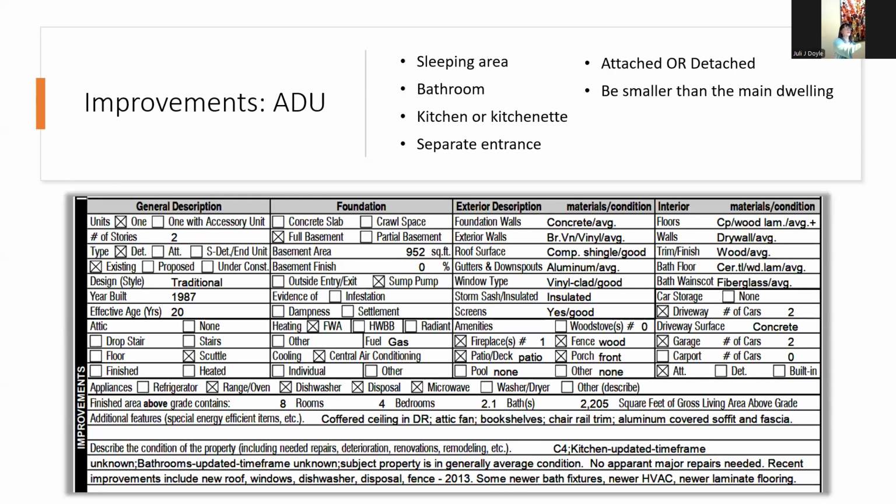Now, how many of you guys have heard of the accessory dwelling units? This is a very, very popular topic, and it is also a point of frustration. And one of the main reasons why is because we're talking about a completely separate living area on a property that is basically zoned as a single family residence.